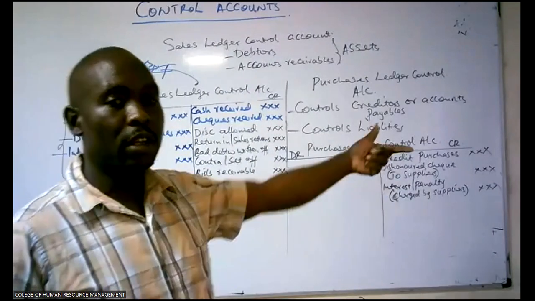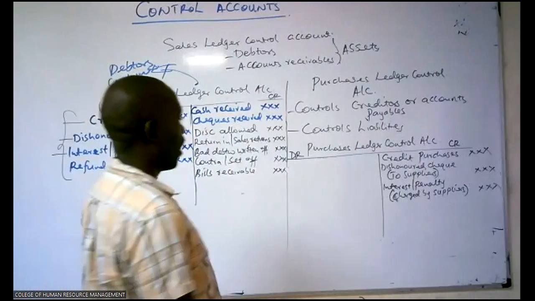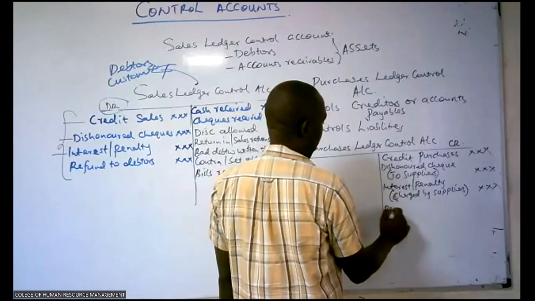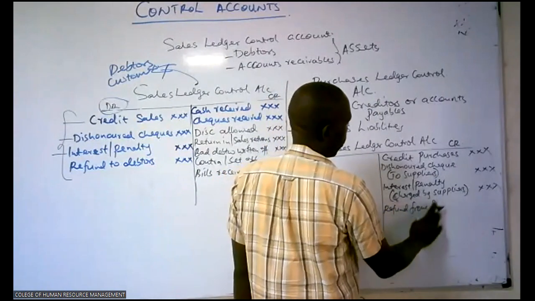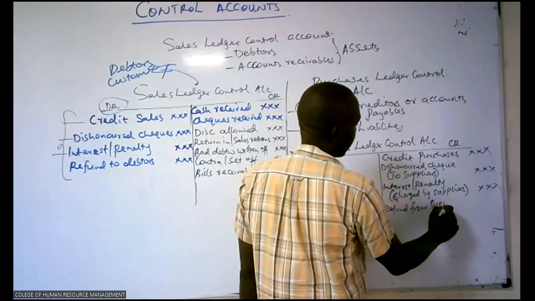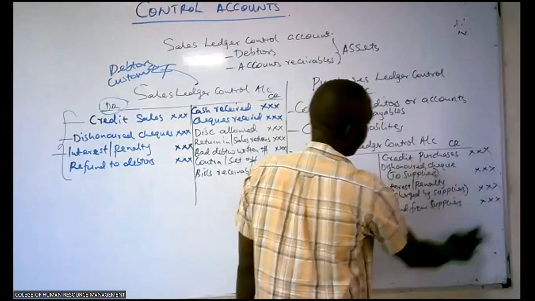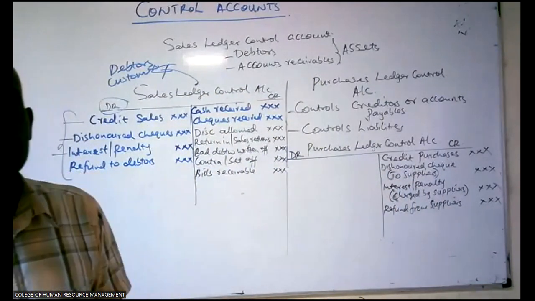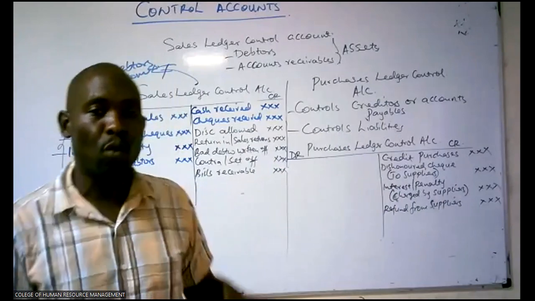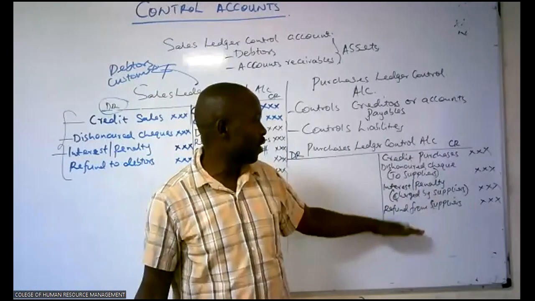That penalty will increase the amount that we are supposed to pay them, so it is credited. And then lastly, it is the refund from suppliers. Those four items increase the creditors' balances. What we are supposed to pay our suppliers will increase as a result of this.